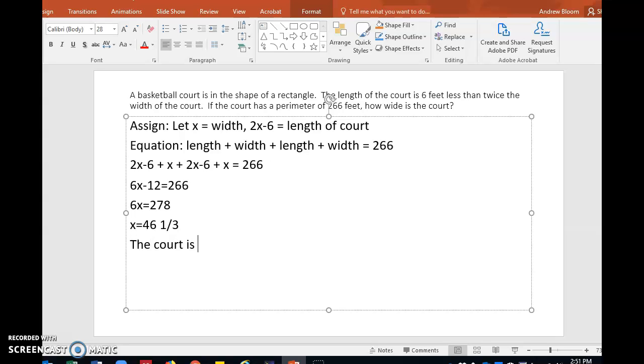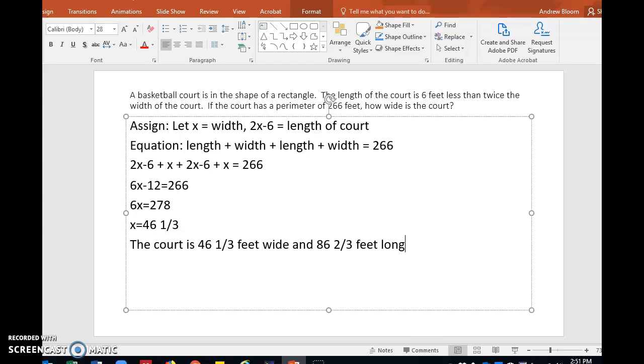The court is 46 1/3 feet wide, and we got to do a little bit of calculation here. So we need to do 2 times x, so 2 times 46 1/3 is 92 2/3, and then we need to subtract 6, so that's 86 2/3 feet long.